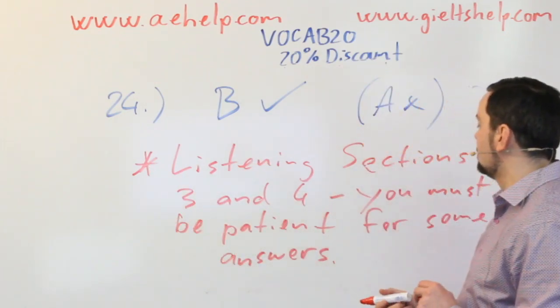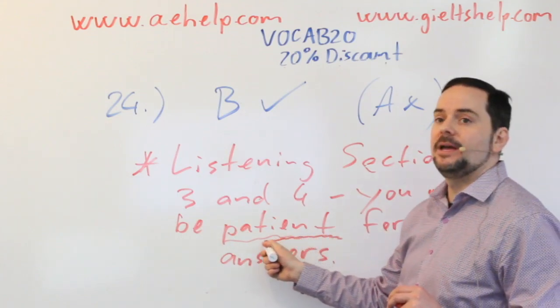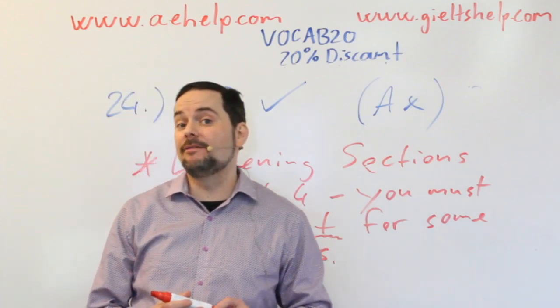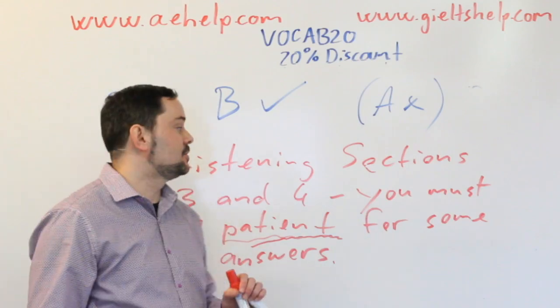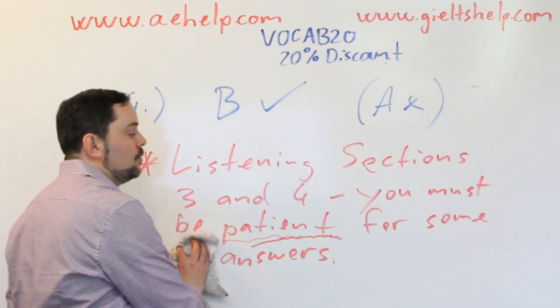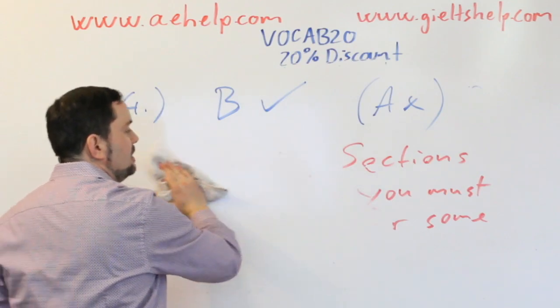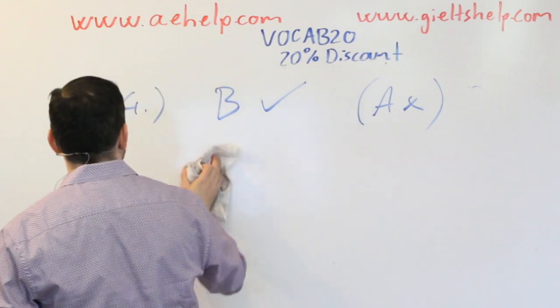So patience is very, very important in sections 3 and 4 of the listening, okay? Students who are trying to answer quickly will often miss these marks. So pay attention, be patient, and practice this kind of timing at home.